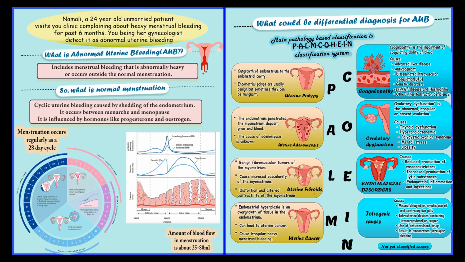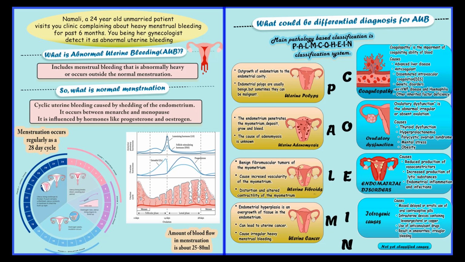The next cause is endometrial causes. Here, local endometrial hemostasis is lost due to local production of vasodilators, increased production of lytic substances, and endometrial inflammation and infection. The fourth one under non-structural entities is the iatrogenic causes.